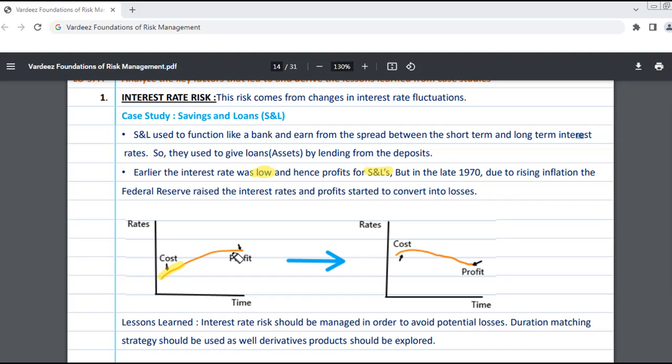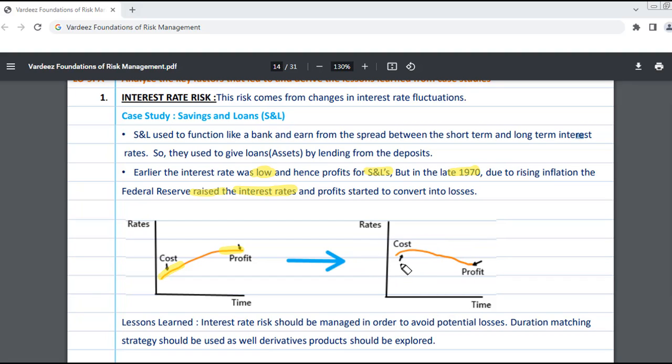Okay, and the long-term rates, the loan rates, which is a profit for the SNL, were higher. So this low rate and this higher rate, the spread or the difference, was basically a profit for the SNL. So this is a win-win situation for SNLs. But in the 1970s, due to rising inflation, the Federal Reserve had to raise the interest rate, and suddenly the profits started to convert into losses. Now look at this particular diagram right here.